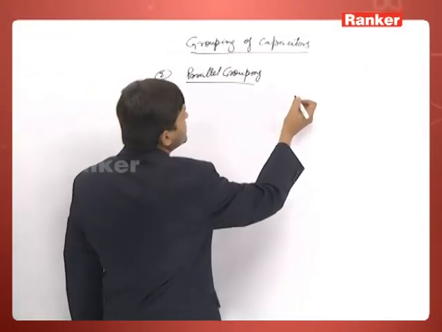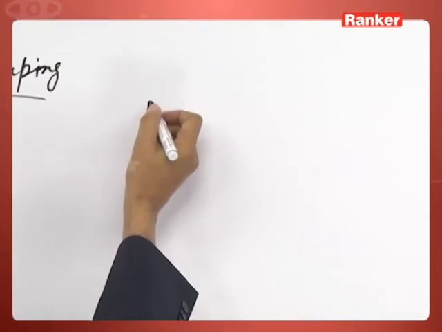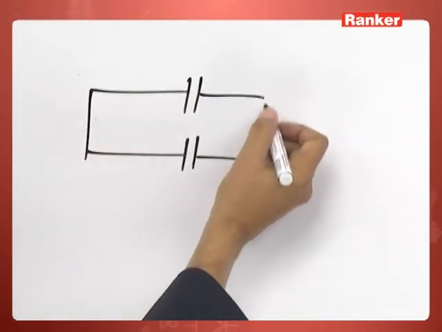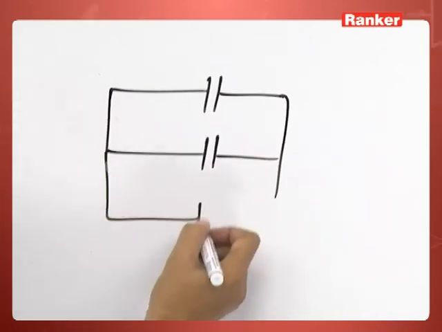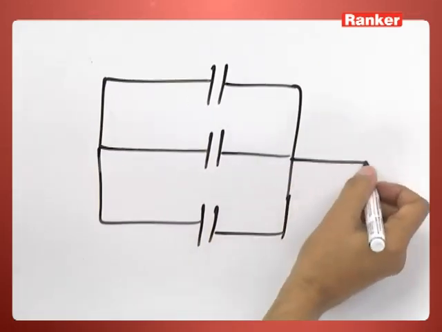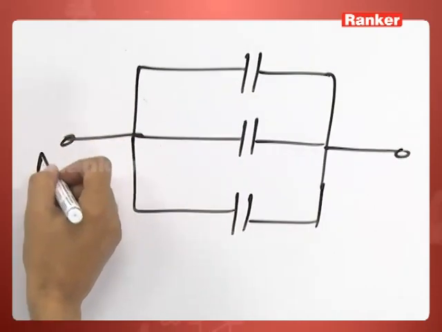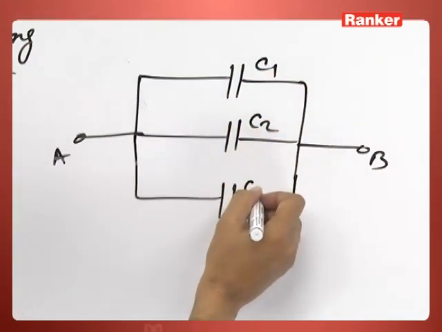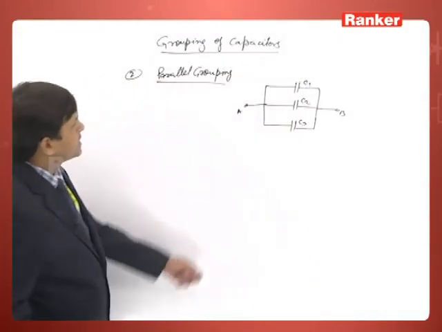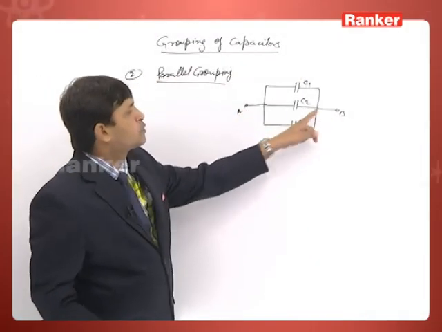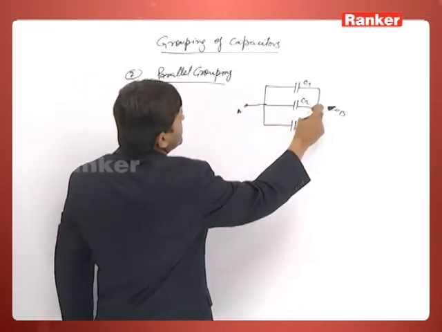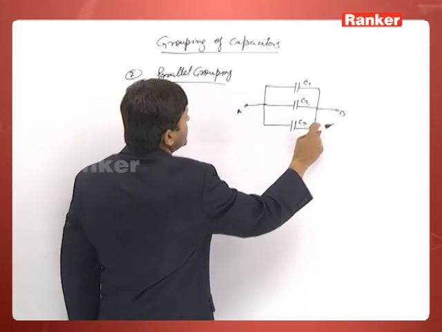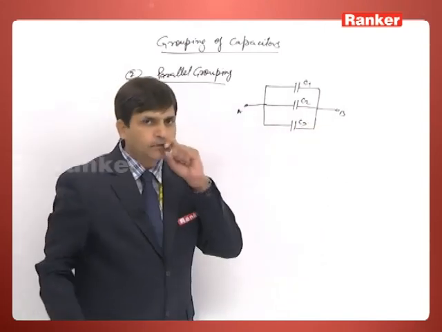Parallel grouping means the capacitors are connected across common points, like this. Here all three capacitors, with capacitances C1, C2, C3, are connected across the same 2 points. Between A and B capacitor C1 is connected, between A and B C2 is also connected, and C3 is also connected.